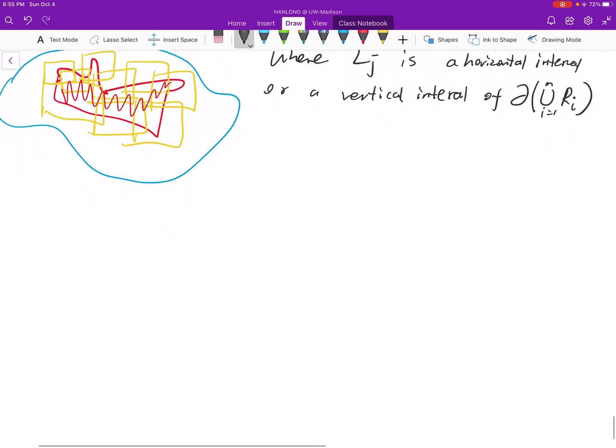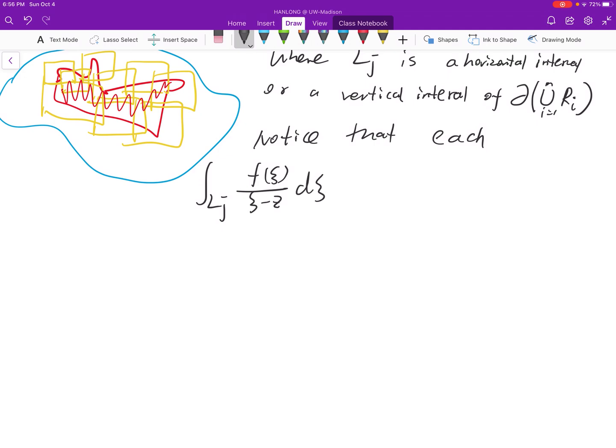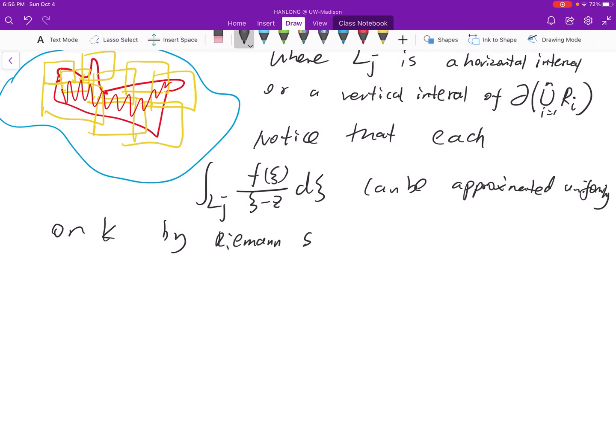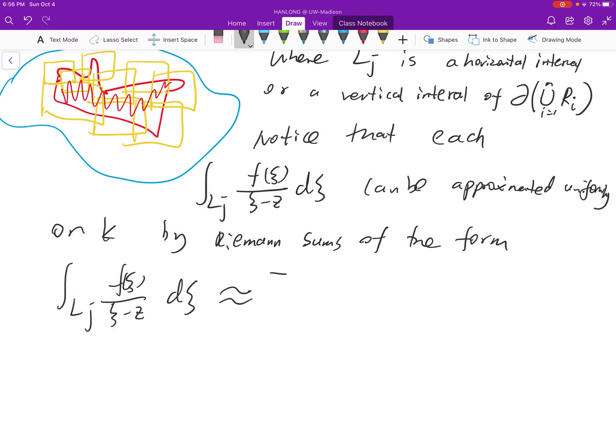Okay, then notice that each integral over Lj of f(c) over c minus z dc can be approximated uniformly on K by Riemann sums of the form: the integral approximately equals the Riemann sum of f(ck) times the length delta ck over ck minus z.